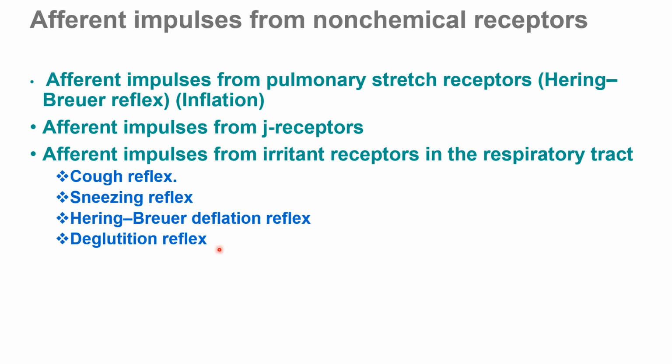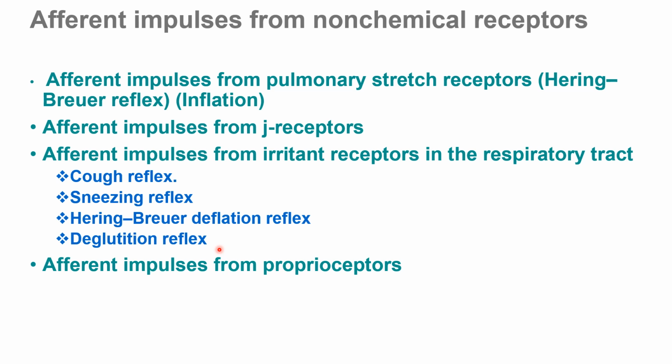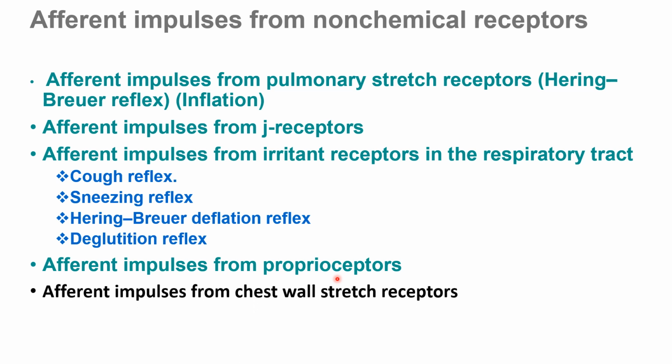We are going to discuss all these later. Afferent impulses come from the proprioceptors, mainly from the exercising muscle. Whenever we are going to start a race, we take a deep breath, and our respiratory rate increases, because the proprioceptors give impulses to the DRG and the inspiratory rate is increased. Afferent impulses also come from the baroreceptors, which maintain the blood pressure.